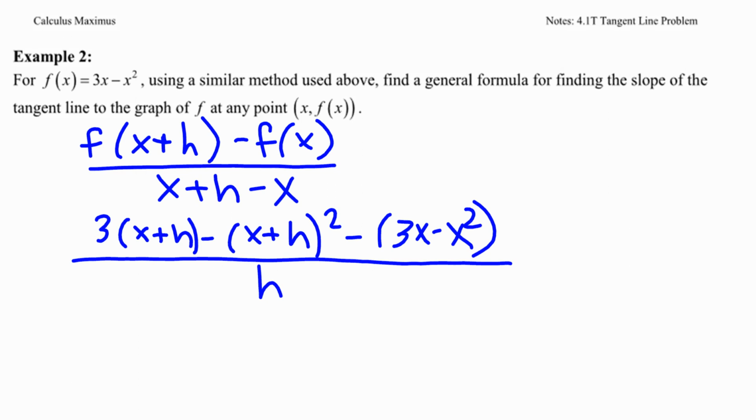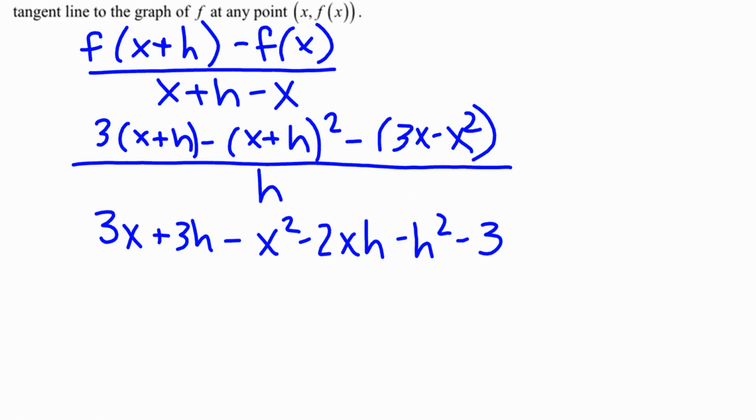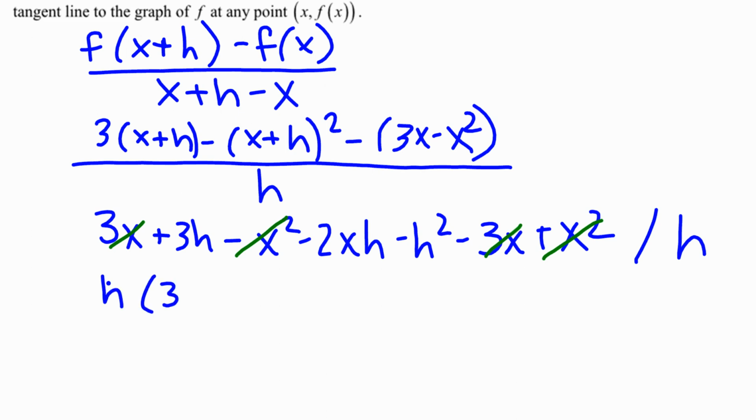All right, I'm going to do quite a bit of simplification for the sake of space. 3x plus 3h minus x squared minus 2xh minus h squared minus 3x plus x squared all over h. 3x's cancel. x squared cancels. It looks like everything has an h left over, so I'm going to factor that out. I have 3 minus 2x minus h left in the top.